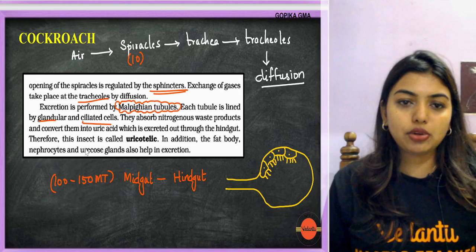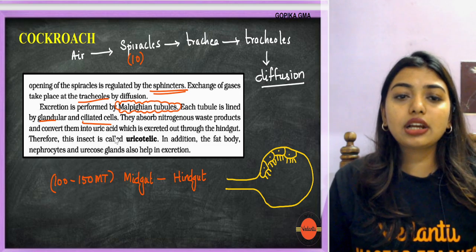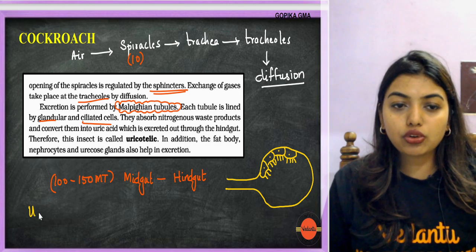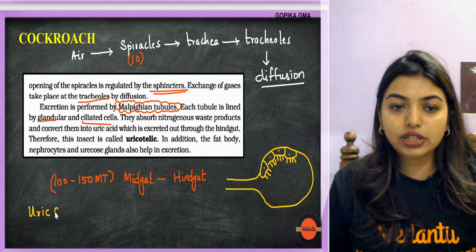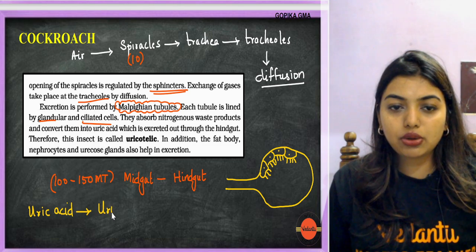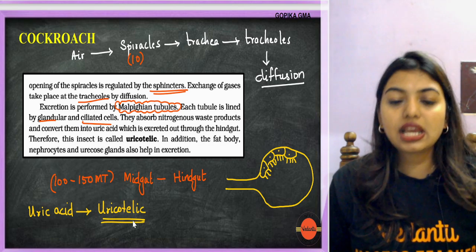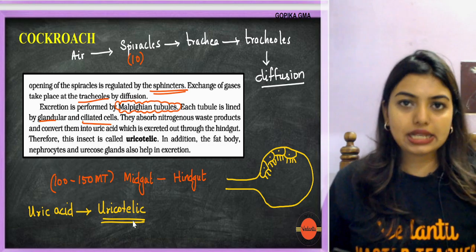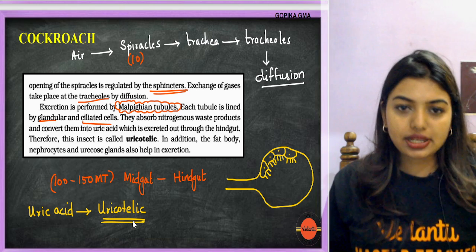Ciliated epithelium. Got it? Now, they convert into uric acid. So cockroach is the one that is uricotelic. Uricotelic means the one that is giving out uric acid, right? Excreted product is uric acid.